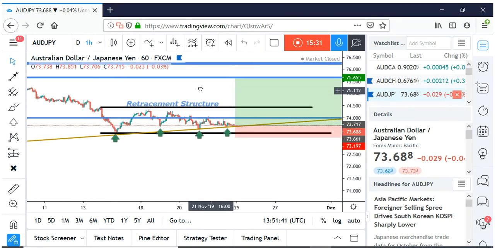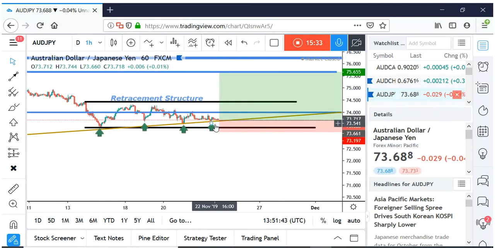So remember that you need to look for a structure. You need to understand a structure, have a good knowledge of it, because this happens in every time frame. So every chart, every currency that you open, you will see a consolidation or a retracement happening.